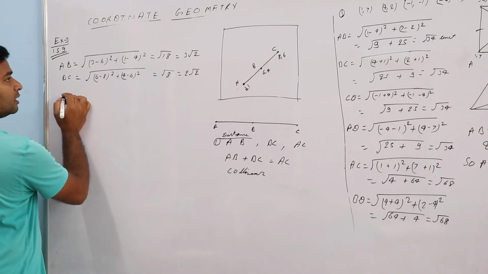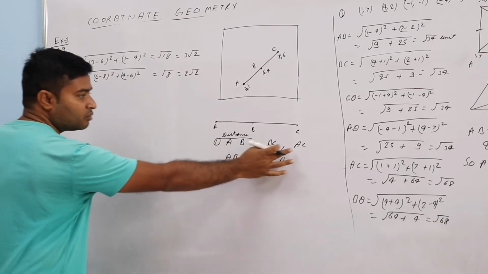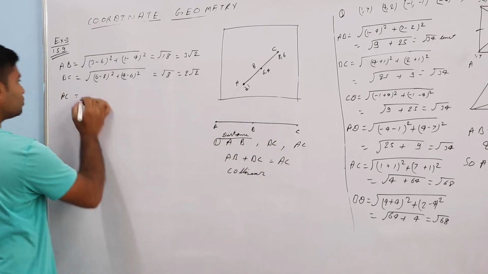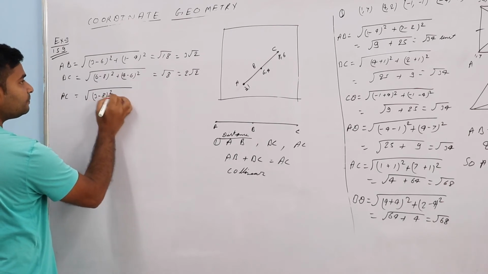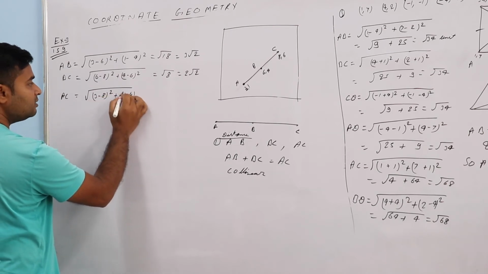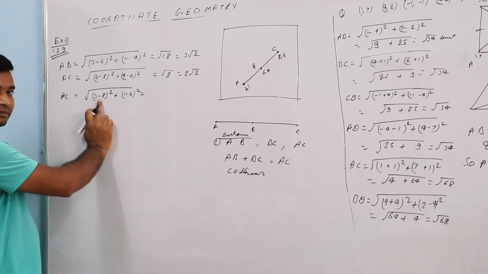Acha, next. We should find AC. If we found AB and BC, now we should find AC. So AC is how much? 3 minus 8 whole square plus 1 minus 6 square. 3 minus 8 is minus 5. Minus 5 square is plus 25.